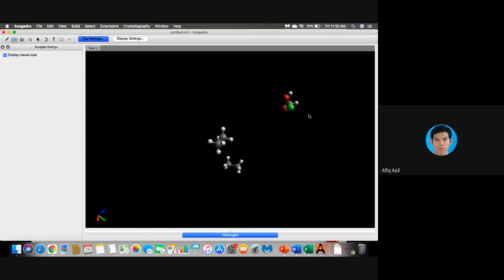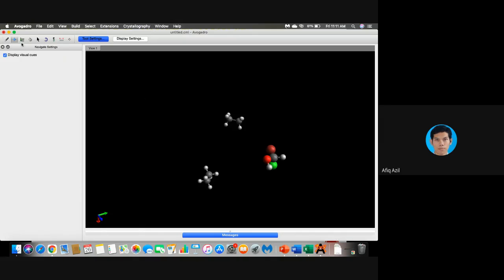Now this carbon contains 4 different groups attached to it: bromine, OH, chlorine, and hydrogen. So this carbon in the middle is called the chiral center, or chiral carbon, or stereogenic center, because it contains 4 different groups.